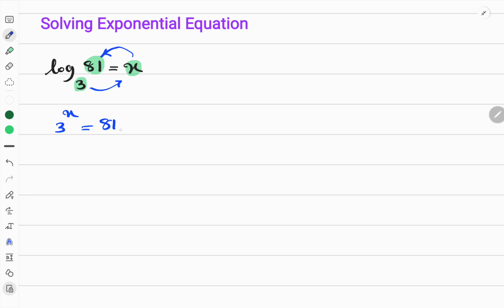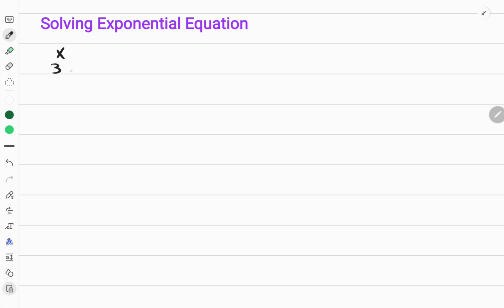It's really easy. 81 can be rewritten as 3 to the power of 4, and because the bases are equal, we can equate the exponents. So the answer for x is 4. This type of question related to logarithms is really easy, but I'm going to solve 2 more challenging questions of this type.